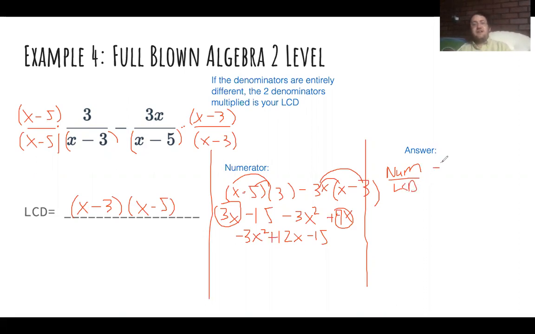And we could just keep it in standard form on the top. And then on the bottom, we could just write out our LCD. So our LCD is going to be x minus 5 times x minus 3. And then we are considered to be all done.